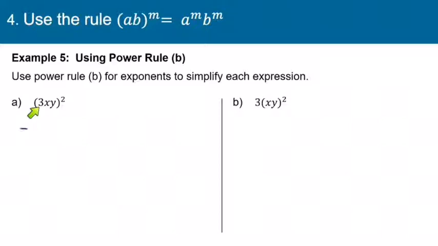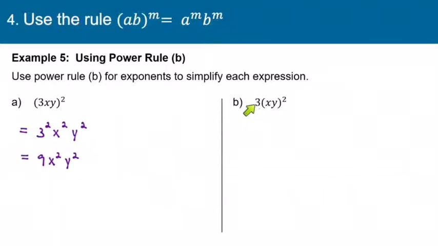So that's going to make 3 to the second power times x to the second power times y to the second power. Now, 3 to the second is an expression we can evaluate and eliminate that one exponent. So 3 squared is 3 times 3, so that's going to be 9, and that's times x squared times y squared. So this is as far as we can go with this expression.